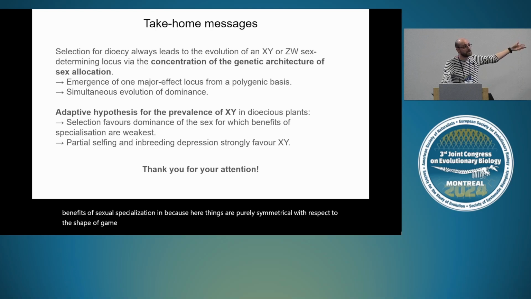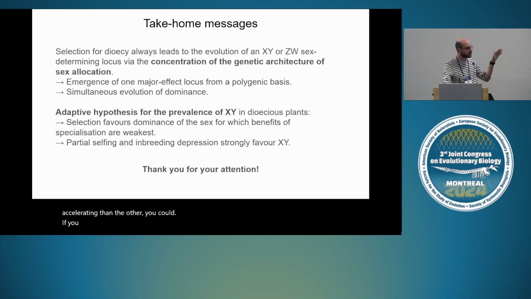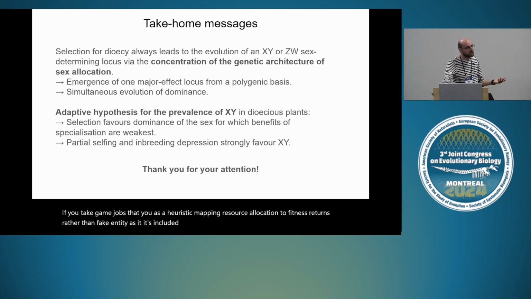You could expect that in animals one gain curve is typically more accelerating than the other, if you take gain curves as a heuristic mapping resource allocation to fitness returns rather than fecundity as it's included here. If gain curves are the same shape, yeah. But if one is more accelerating than the other, yeah.